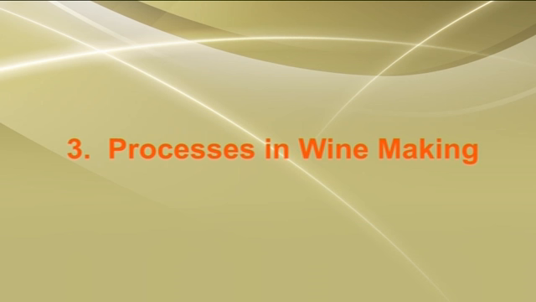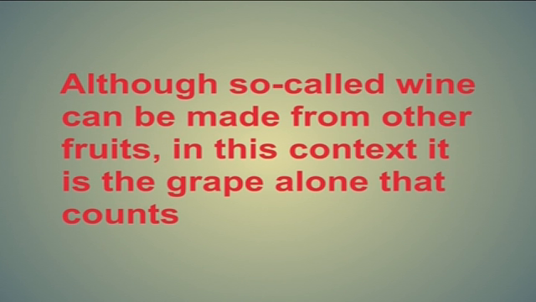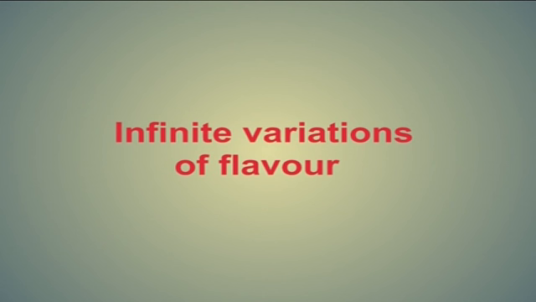Process in wine making. Although so-called wine can be made from other fruits, in this context it is the grape alone that counts. There is no other fruit that can provide such a wonderfully diverse and complex drink with such infinite variations of flavor.